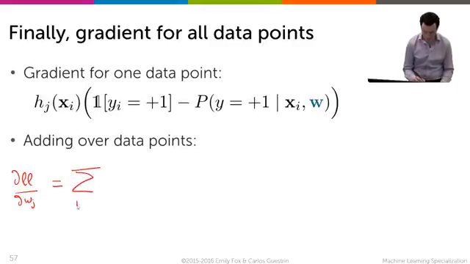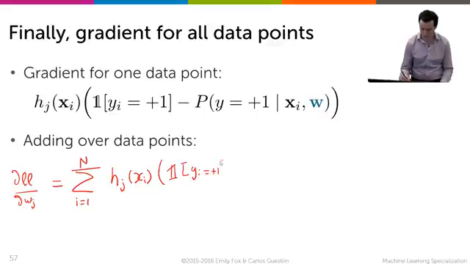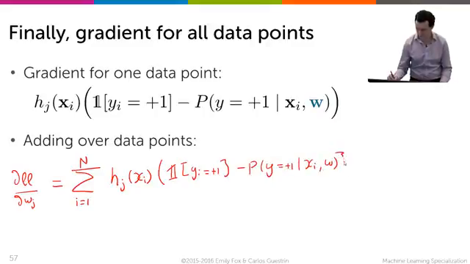So you just sum over i equals 1 through n of the term above: hj of xi that multiplies the difference between the indicator of yi equals plus 1 minus the probability yi equals plus 1 given xi and w.